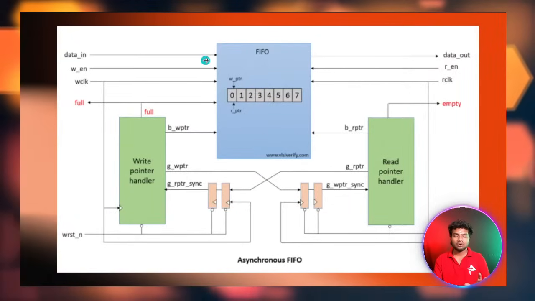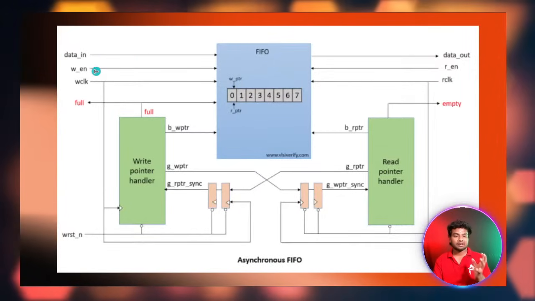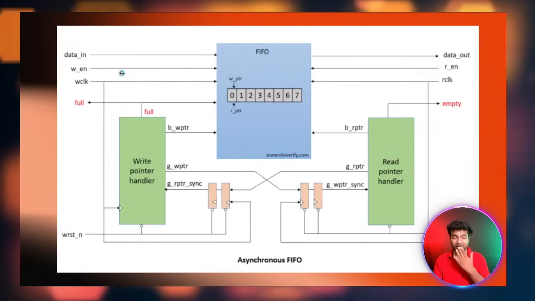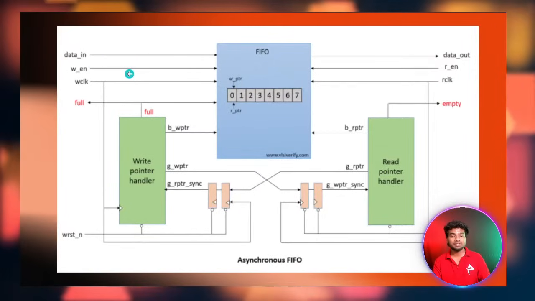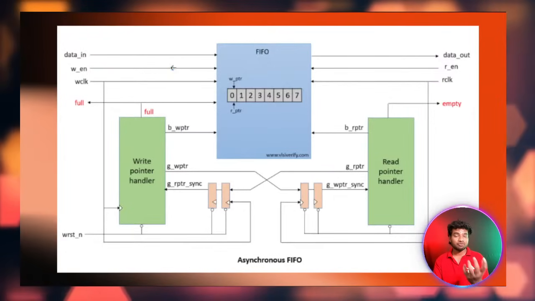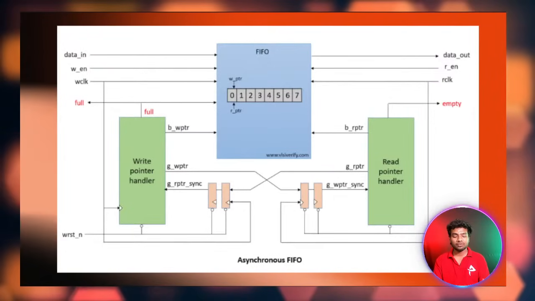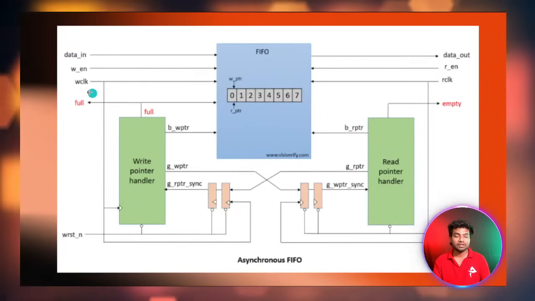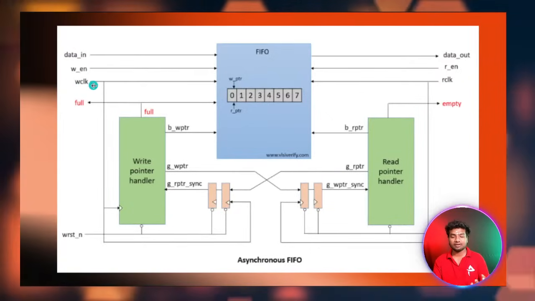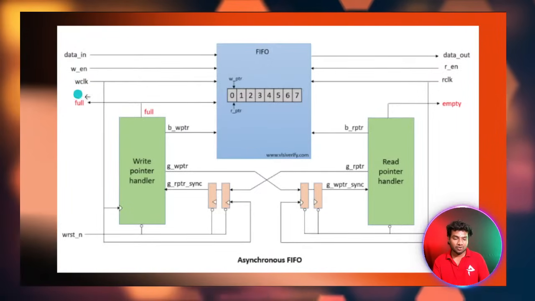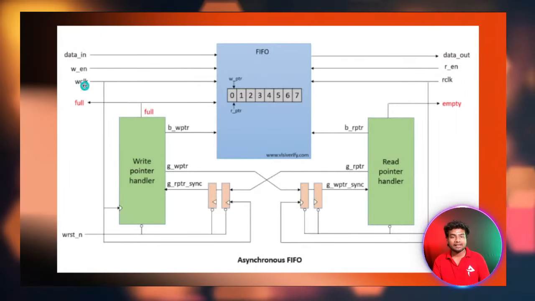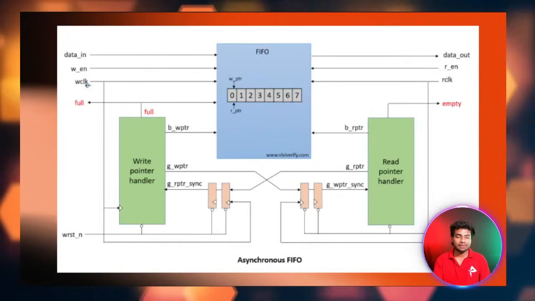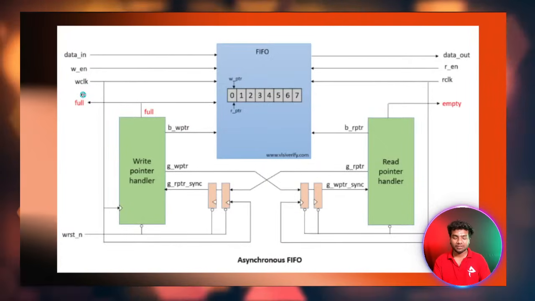Here we have data in and write_en. It means write enable. If it is high, you can write into the FIFO buffer, and if write enable is low, you can read from the FIFO buffer. W clock is the write clock.